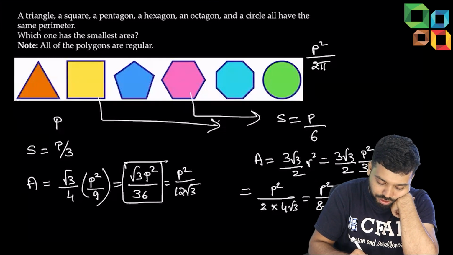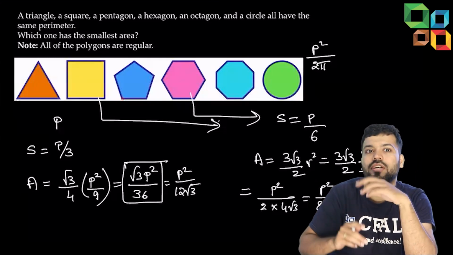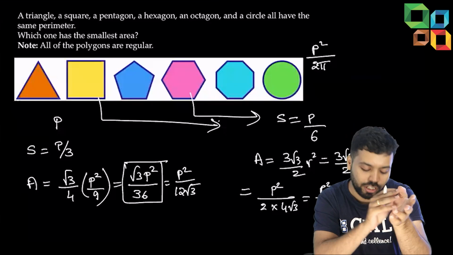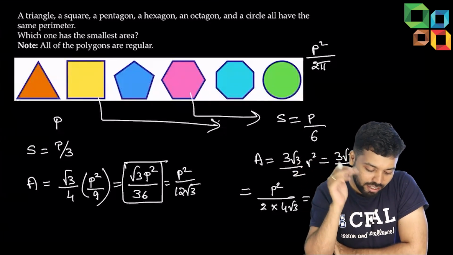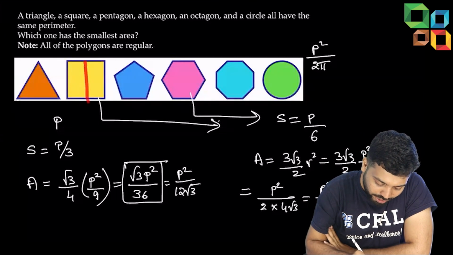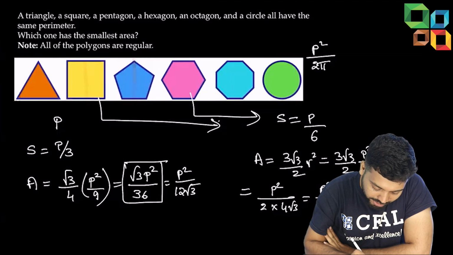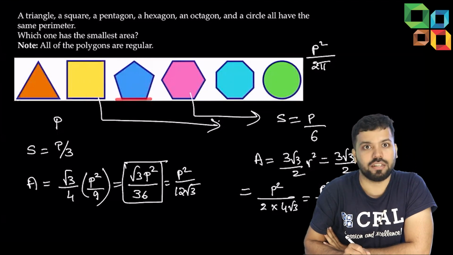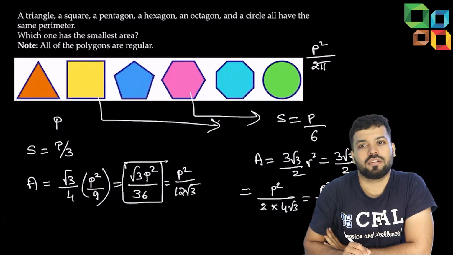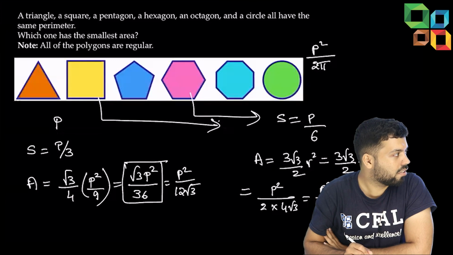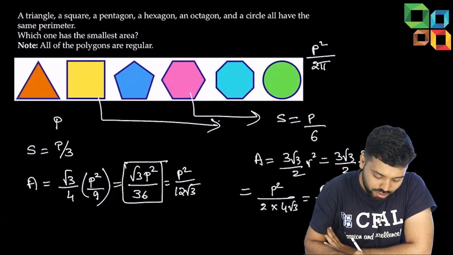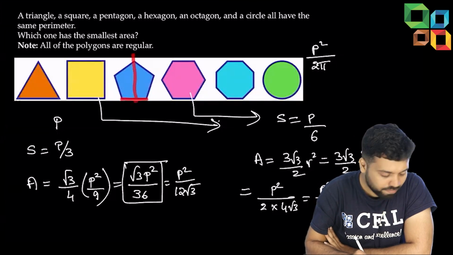Either you can consider the perimeter, so if you're ignoring the perimeter fact and you're considering only the height factor, then this side length may increase by a little. He wants this and this to be the same.